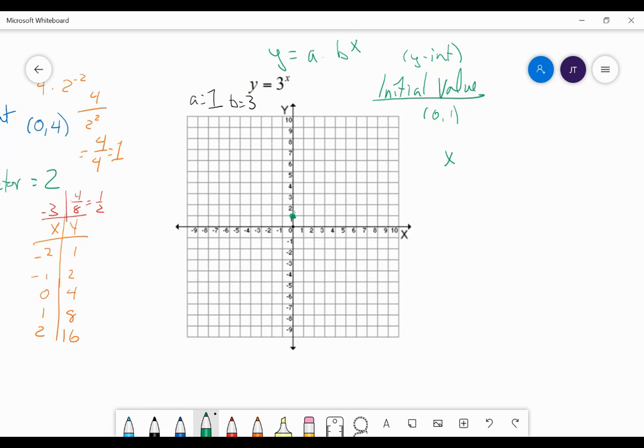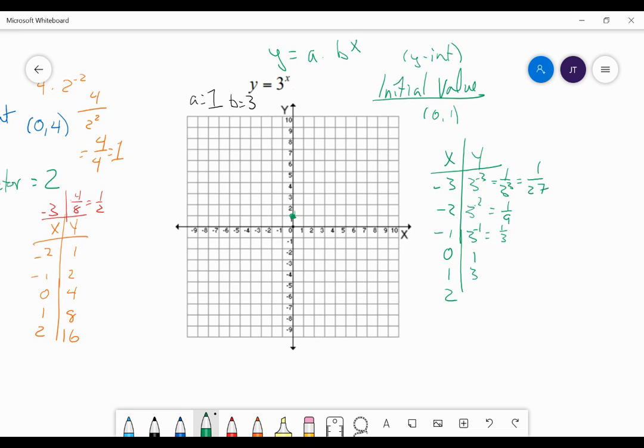Okay, and now we can look at a table. Let's go to -3 this time, since we needed it last time. So 3 to the -3, that's 1 over 3 to the third, which is 1 over 27. Okay, 3 to the -2 is 1/9. 3 to the -1 is 1/3. 3 to the 0 is 1.